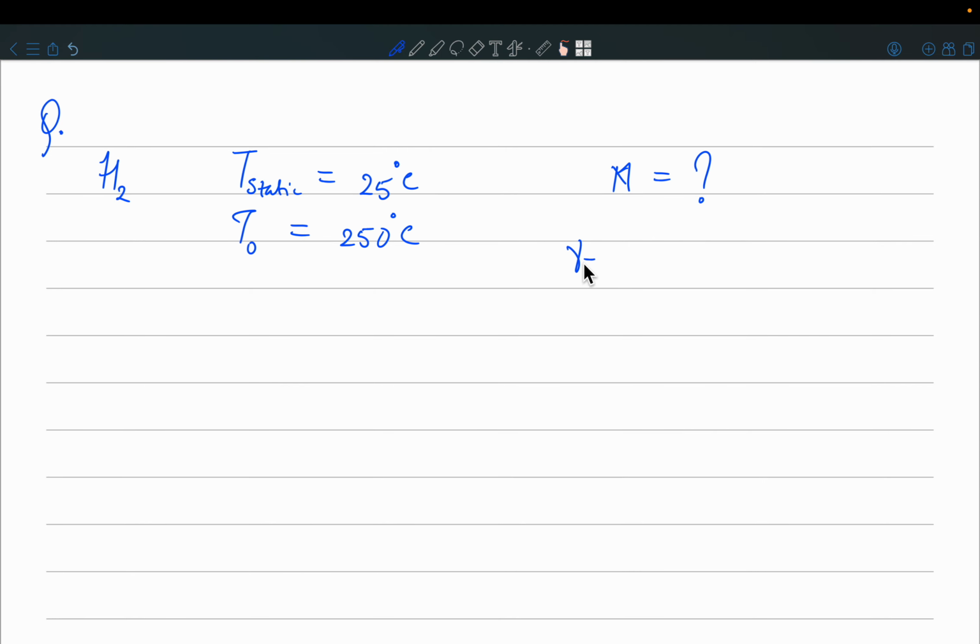You can take gamma to be 1.4. Again it's the same formula. We are given the temperatures in degrees Celsius, right? So we have to convert it to Kelvin.